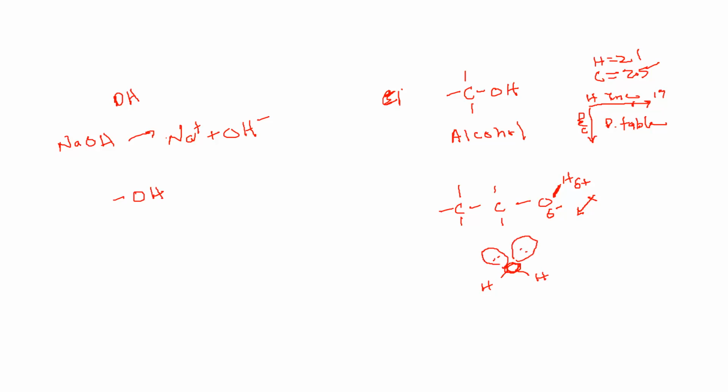Remember the Lewis structure, the VSEPR theory for water. And again, these are partially positive. This is partially negative. And the angle between the hydrogen, oxygen, hydrogen is 104.5 degrees. We'll just say 104 degrees here, something like that.